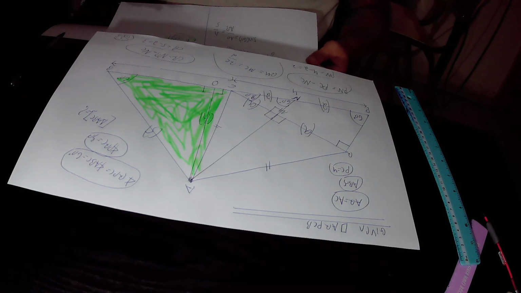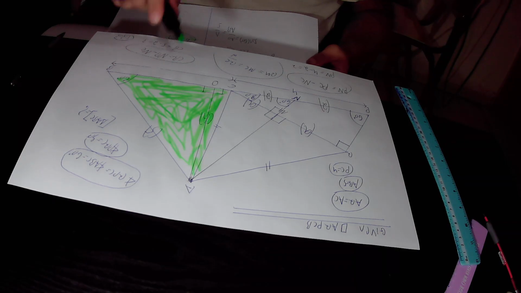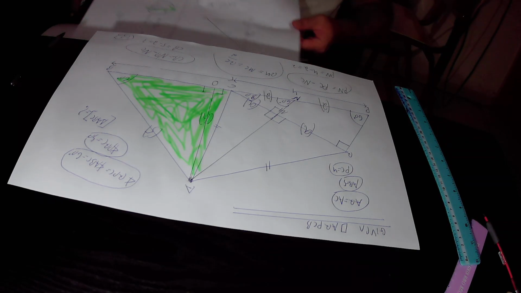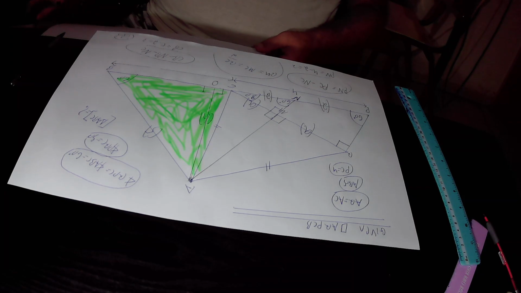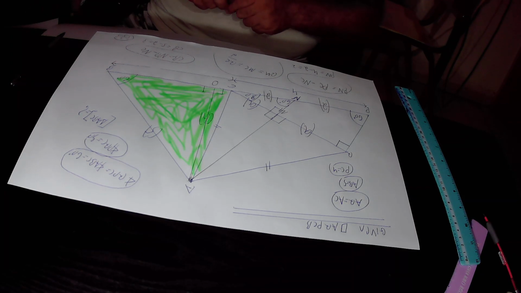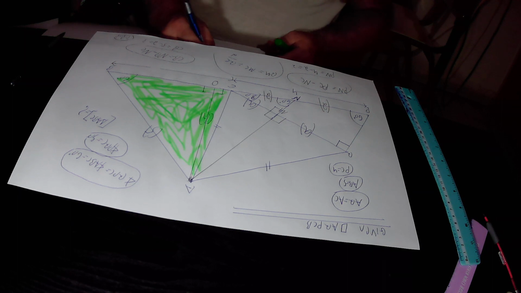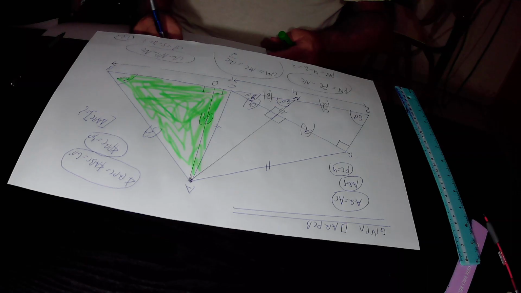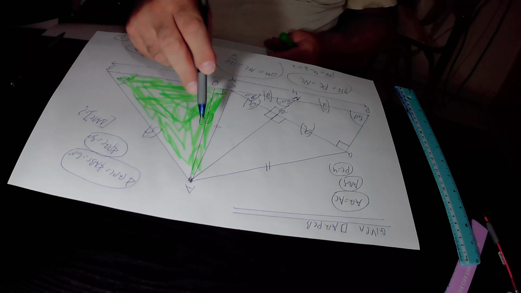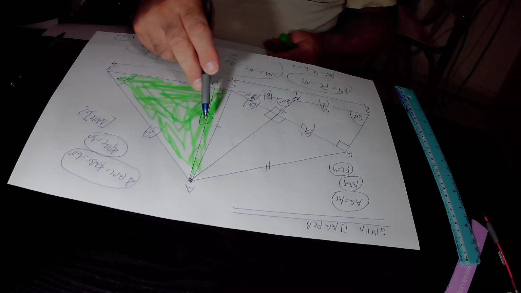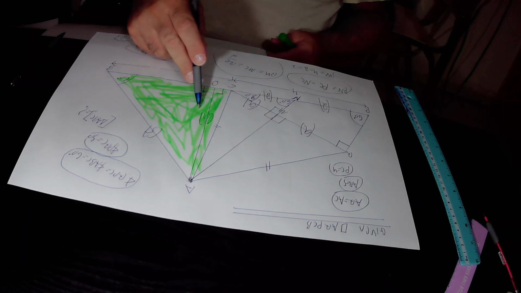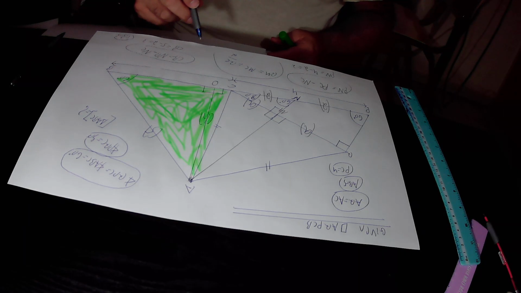Now it is very easy to find the area of this green triangle ABC. That is the area that we are looking for in this question. The area of the green triangle ABC is equal to the base CB times the height to the base CB, that is actually H, because it's at 90 degrees with the base CB, over 2.